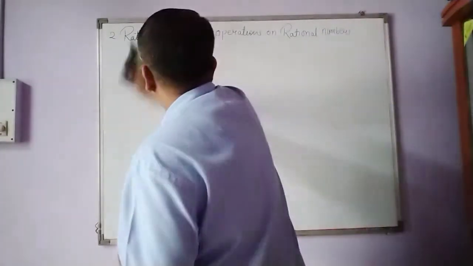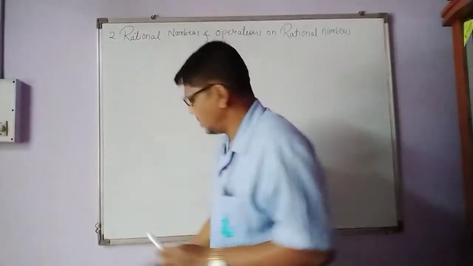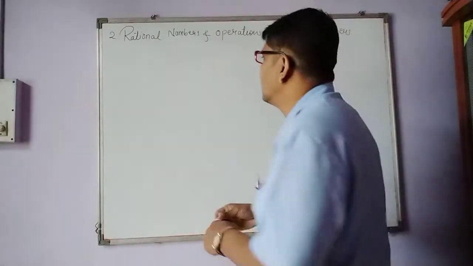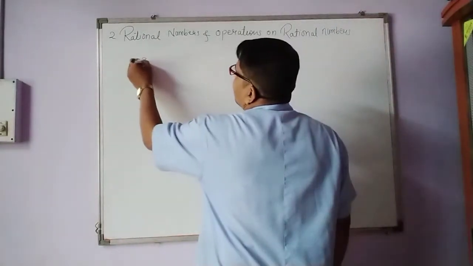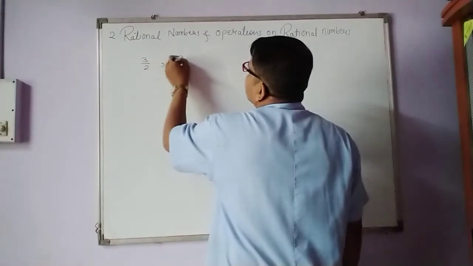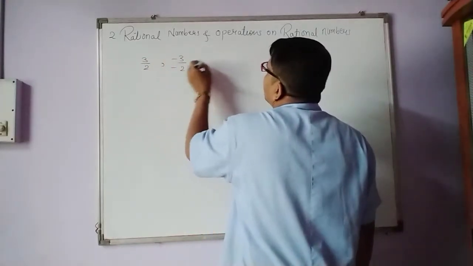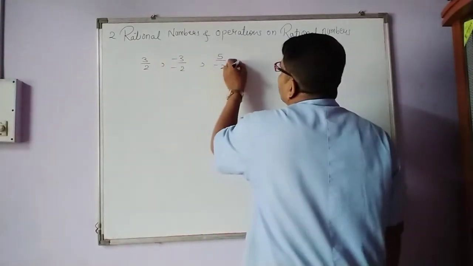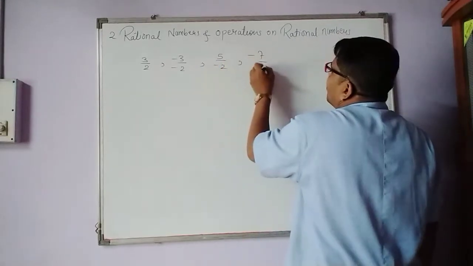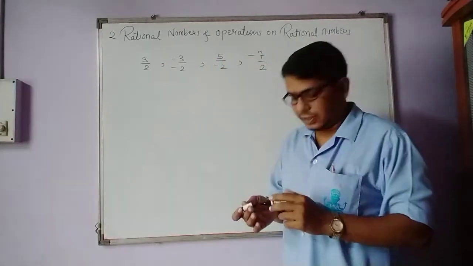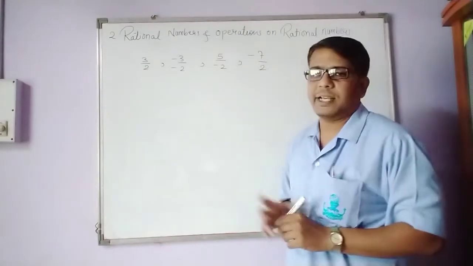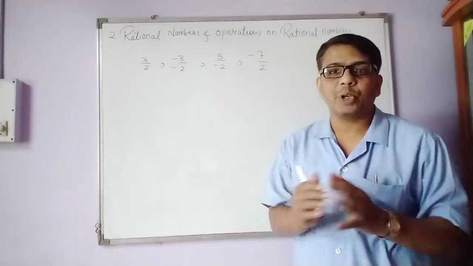Now, these rational numbers, for example, 3 upon 2, minus 3 upon minus 2, 5 upon minus 2, minus 7 upon 2. Now, if you see these rational numbers, if they have got the same sign, then the rational numbers are positive.